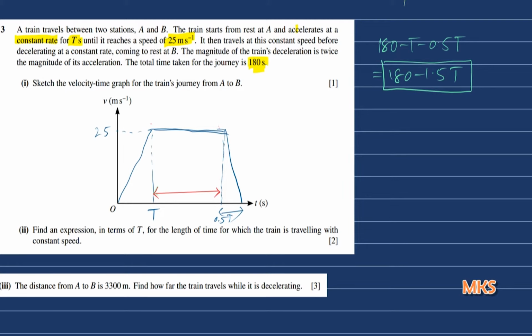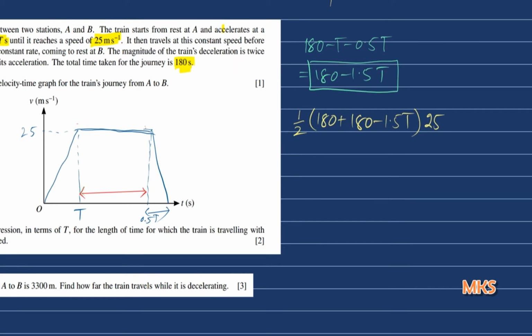The distance from A to B is 3300 meters. Find how far the train travels while it is decelerating. Area of the trapezium: half, sum of parallel lines, one is 180 plus the other we have just calculated, and height is 25, is equal to 3300.